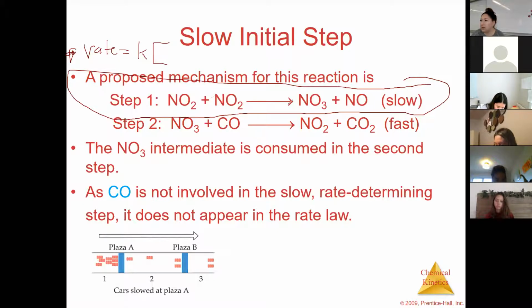You only cancel it if it's a product in one step and then a reactant in the next step. So there are two NO2s. It's bimolecular for its molecularity, and it's second order for its rate law. Because if step 2, the elementary step 2, is faster than step 1, we only write the rate law for the slowest step.